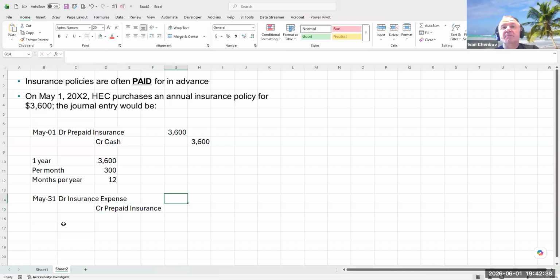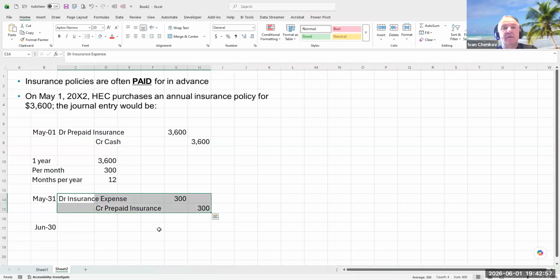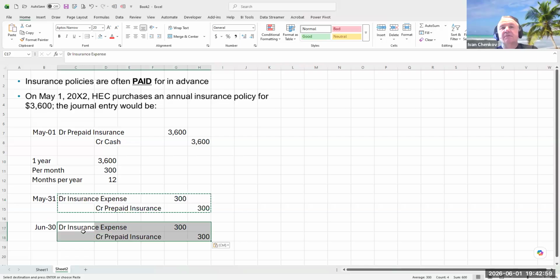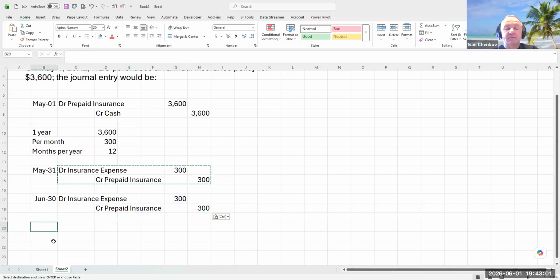Why? Because 1 month expired. And now I start moving that prepaid insurance. Let's pretend for a second we're doing the same thing in June. June 30th, exactly the same thing. July 31st, exactly the same thing.